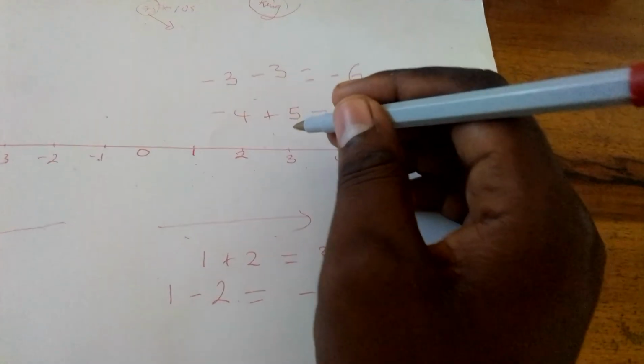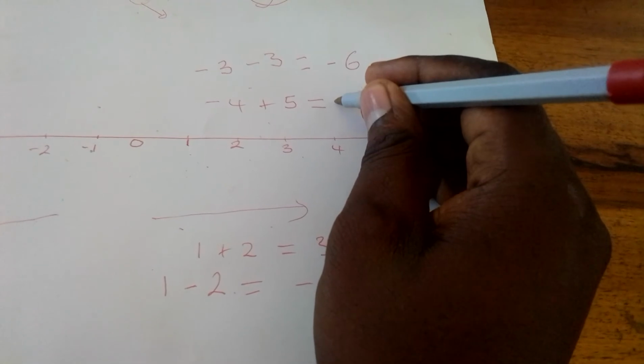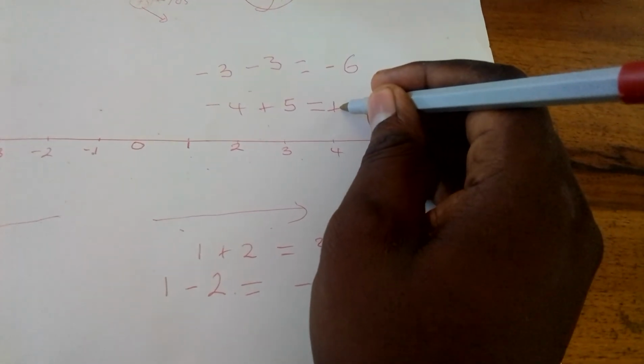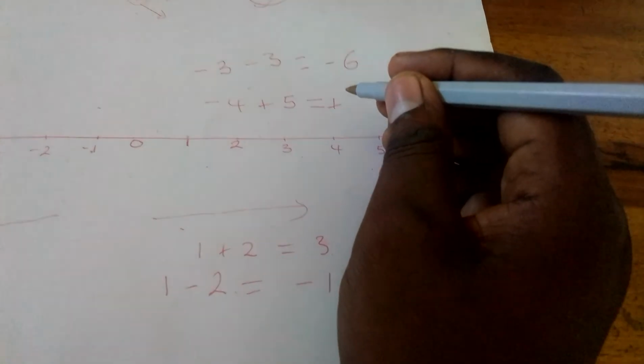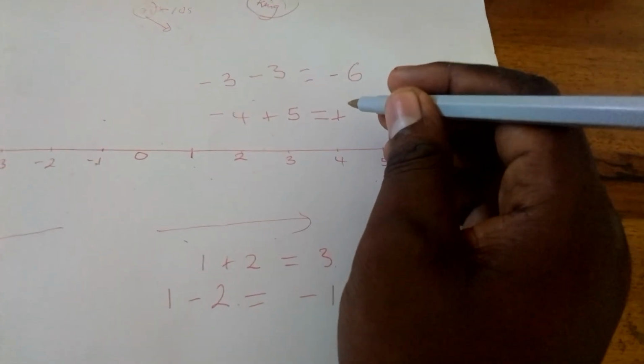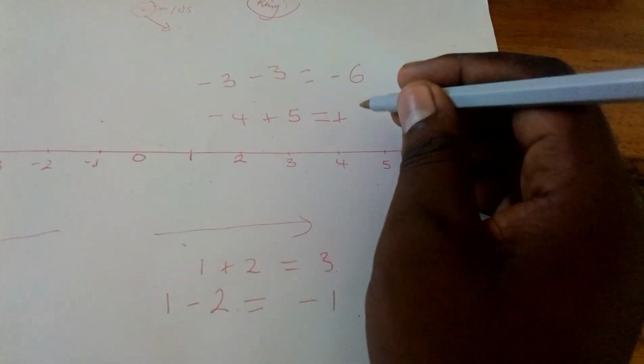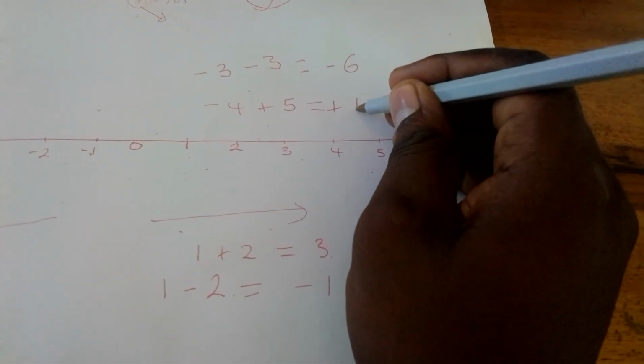The bigger number is 5 here, so we jot down the positive, then we subtract the smaller number from the bigger number. So it's 5 minus 4, we have a 1.